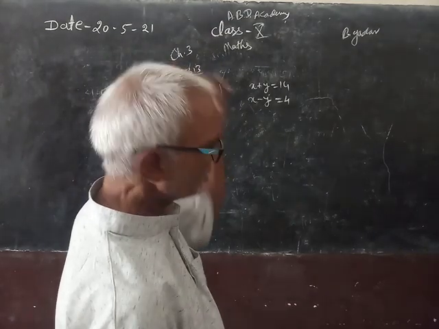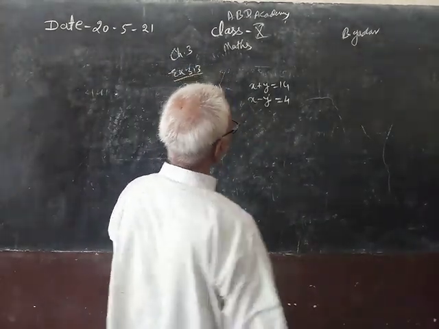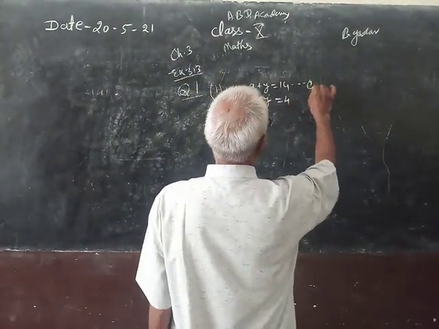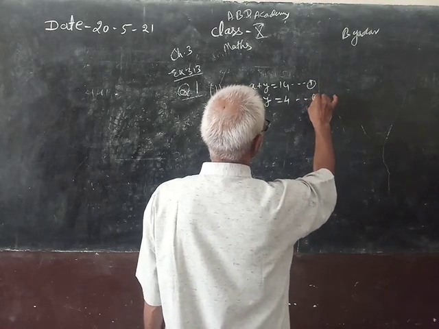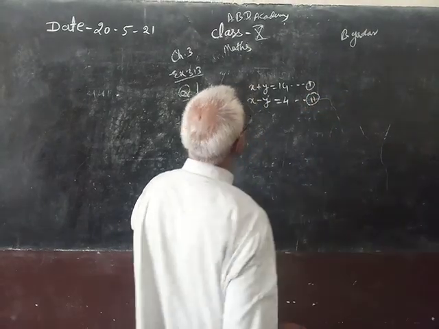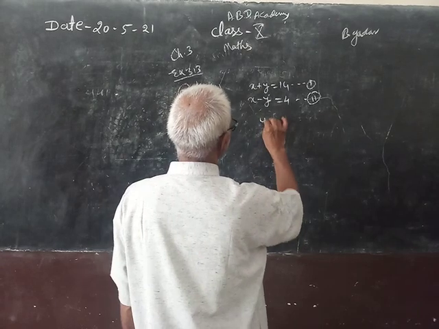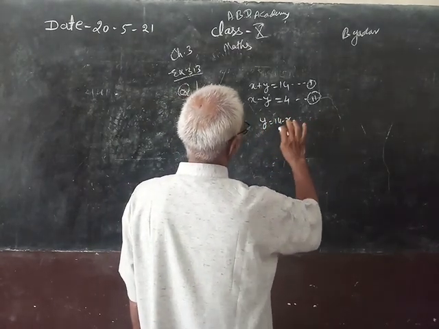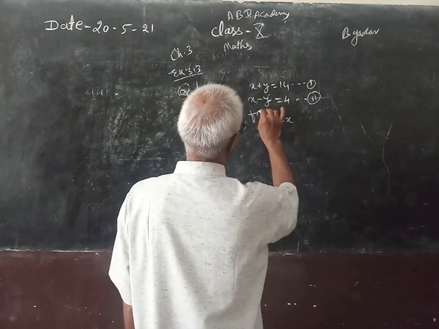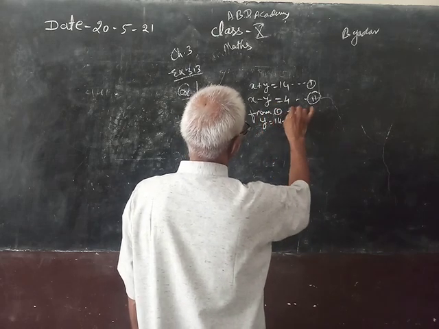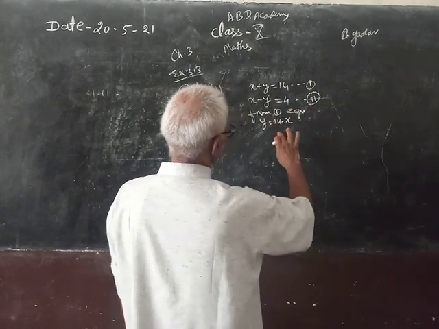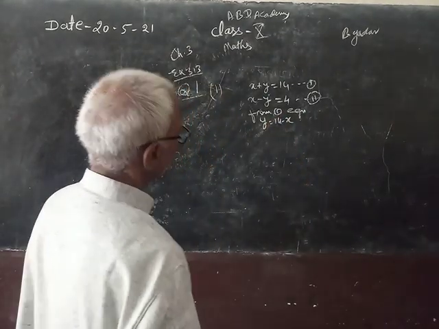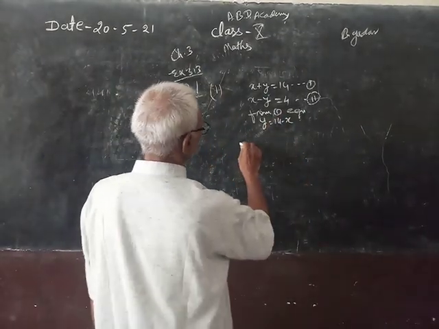We shall find one of the variables from one equation and substitute it in the second. So from the first equation, y is equal to 14 minus x. And this value of y is substituted in the second.